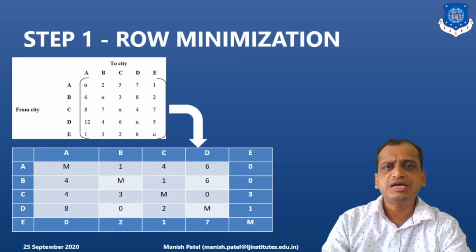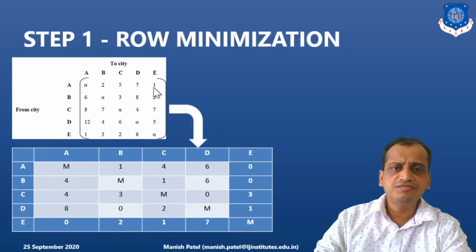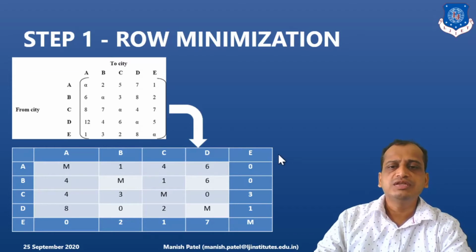Now in the first step, we will do the row minimization. We will find the minimum element in each row and subtract that element from all the elements in that row. In the first row, the minimum element is 1, so we subtract 1 from all the row elements. 2 minus 1 is 1, 5 minus 1 is 4, 7 minus 1 is 6, and 1 minus 1 is 0.